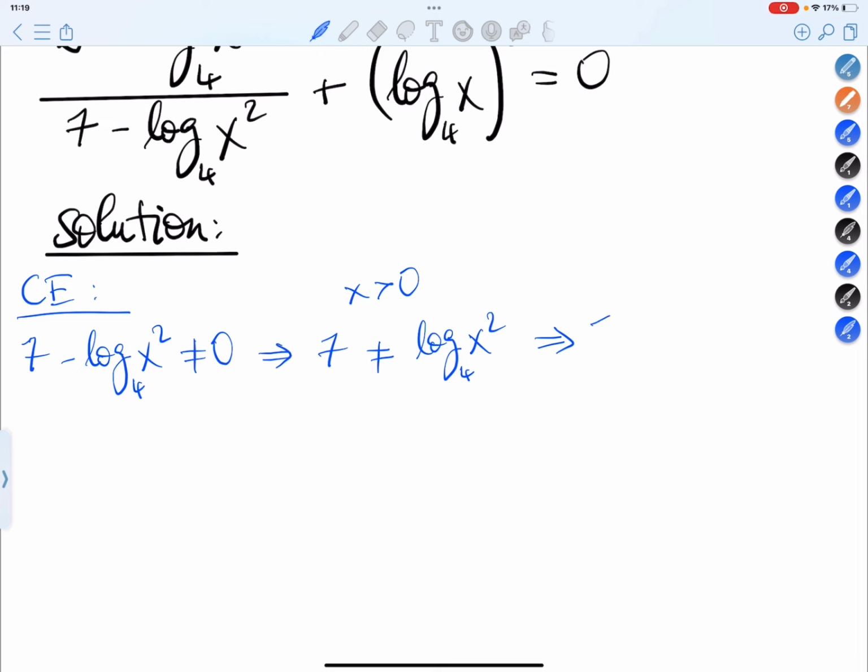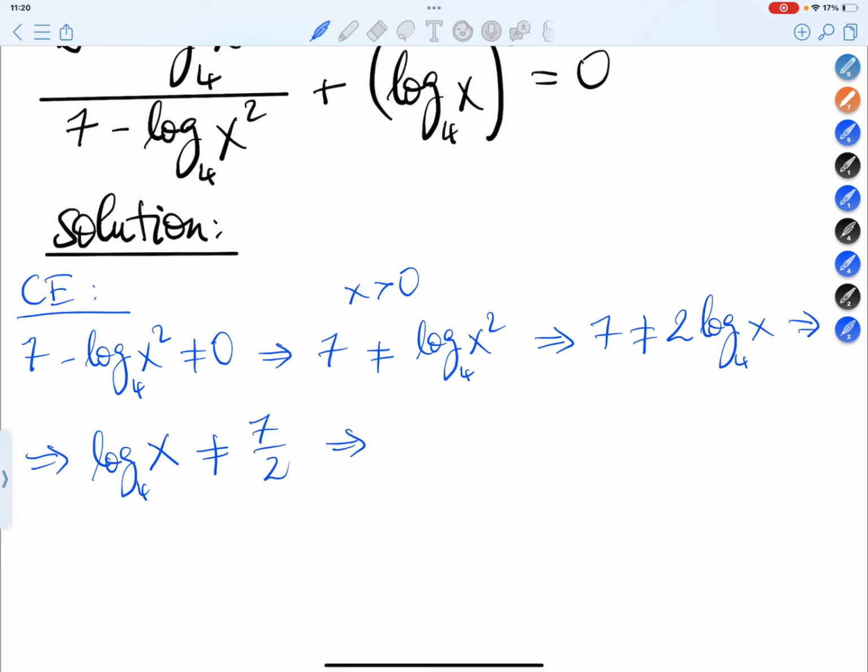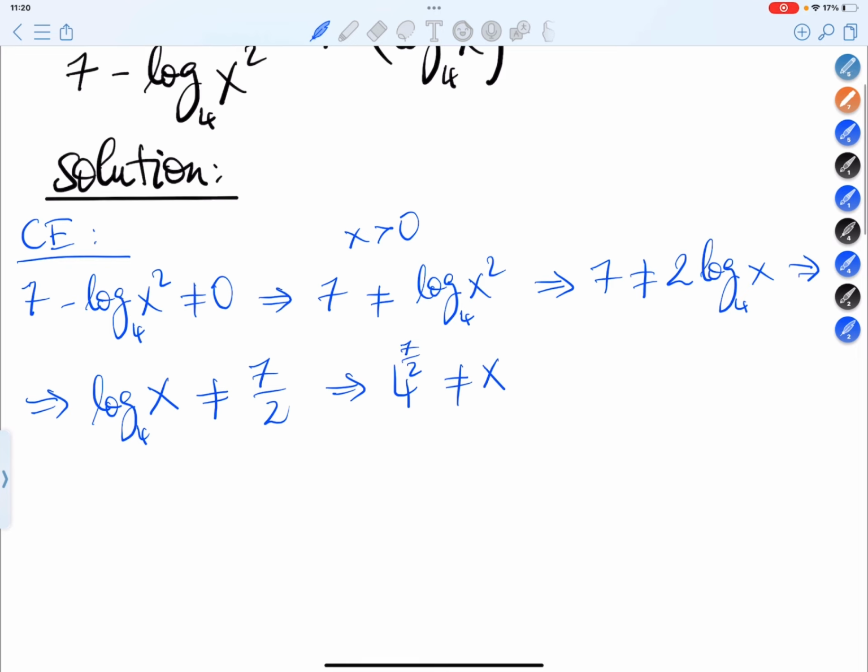So this implies that 7 is different from 2 log base 4 of x, which implies the log, we divide both sides by 2, base 4 of x is different from 7 over 2. This implies that 4 to the power 7 over 2 is different from x, right?